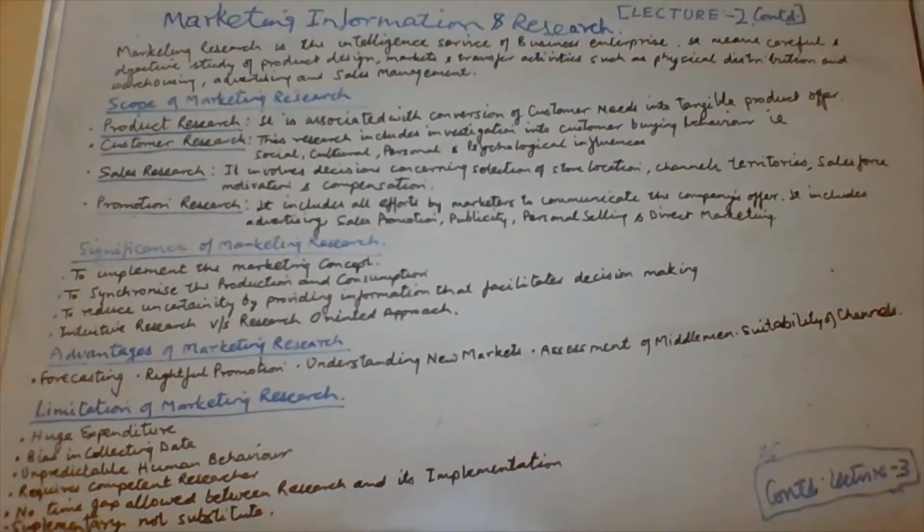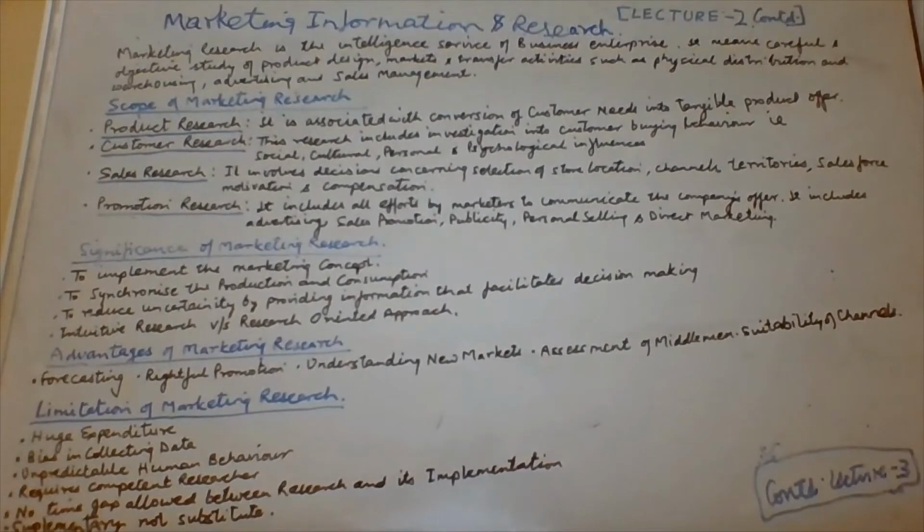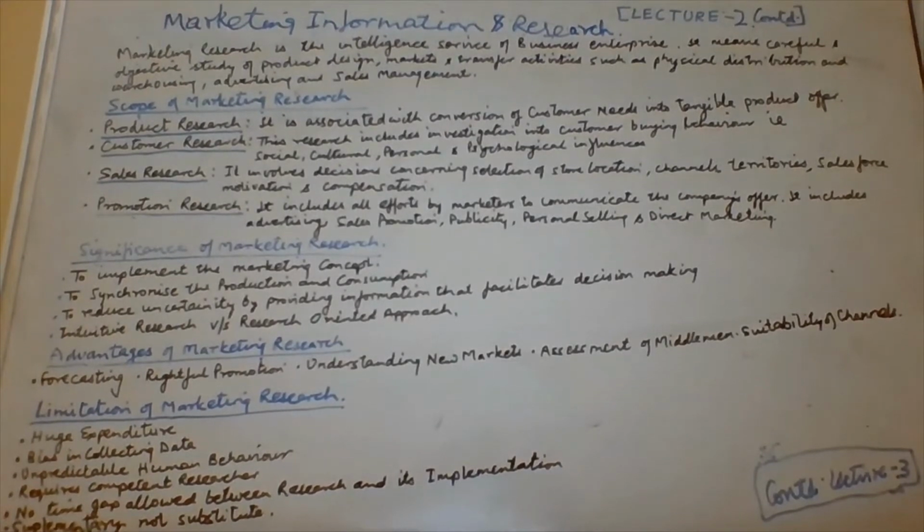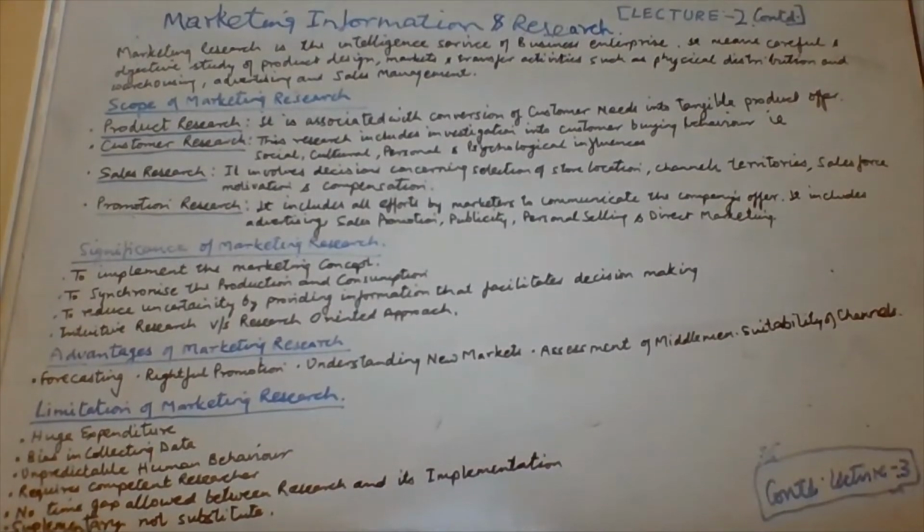And fourth is the promotion research. It includes all efforts by marketers to communicate the company's offer. Now, the company's offer is related to what the product has to offer in terms of the product benefits, in terms of its price, in terms of its availability, and how to reach the maximum number of people.